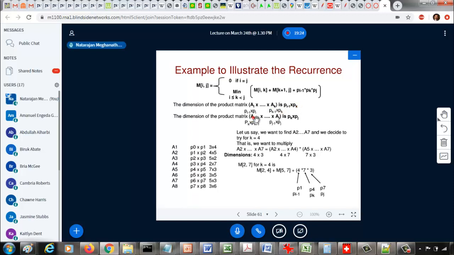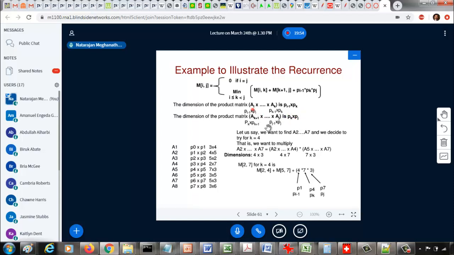Similarly, A(k+1) to Aj: A(k+1) is of dimension pk by p(k+1), Aj is of dimension p(j-1) by pj. So if we keep multiplying from A(k+1) to Aj, the product matrix is going to have dimension pk, the first one, the row here, and the column here, which is pj. So that's a pk by pj matrix.